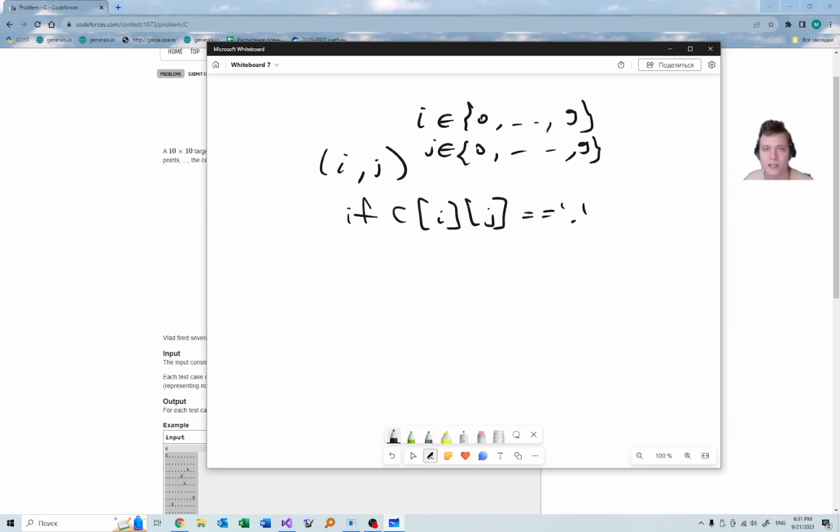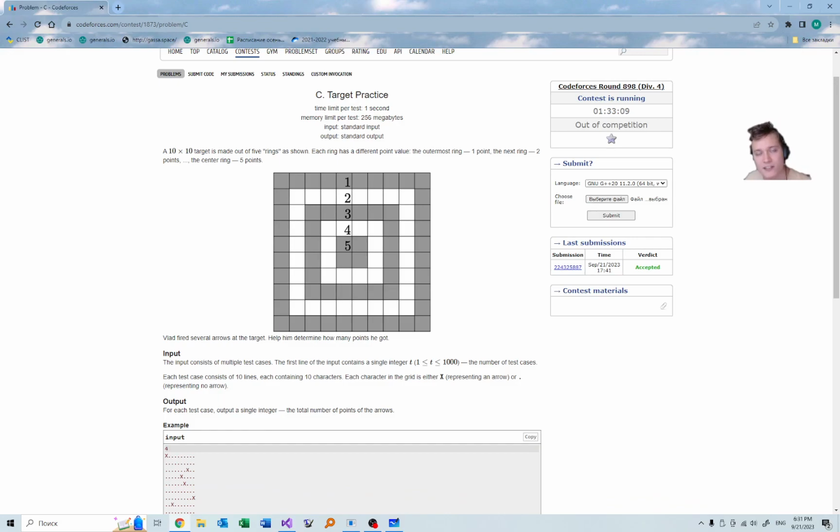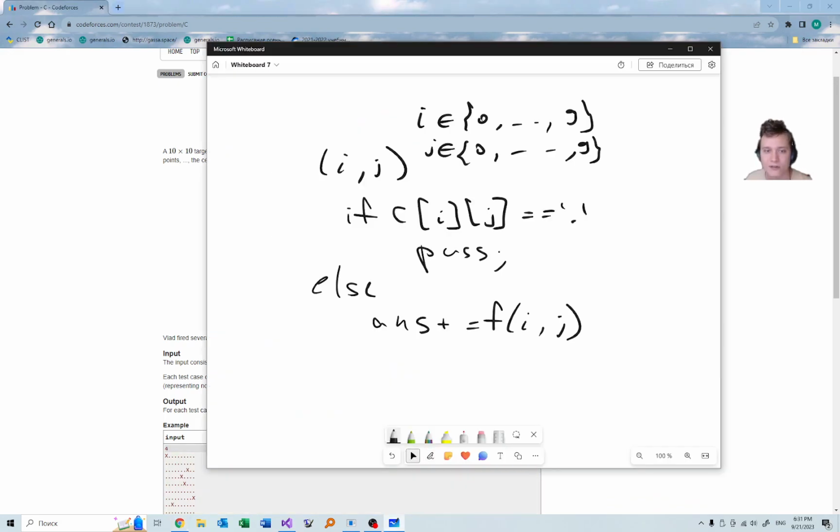You do not add any points here. So nothing. Let me write it as pass. Else, you need to add to the answer some function of ij, where the function is the number of points depending on the position. So how do you calculate the function?